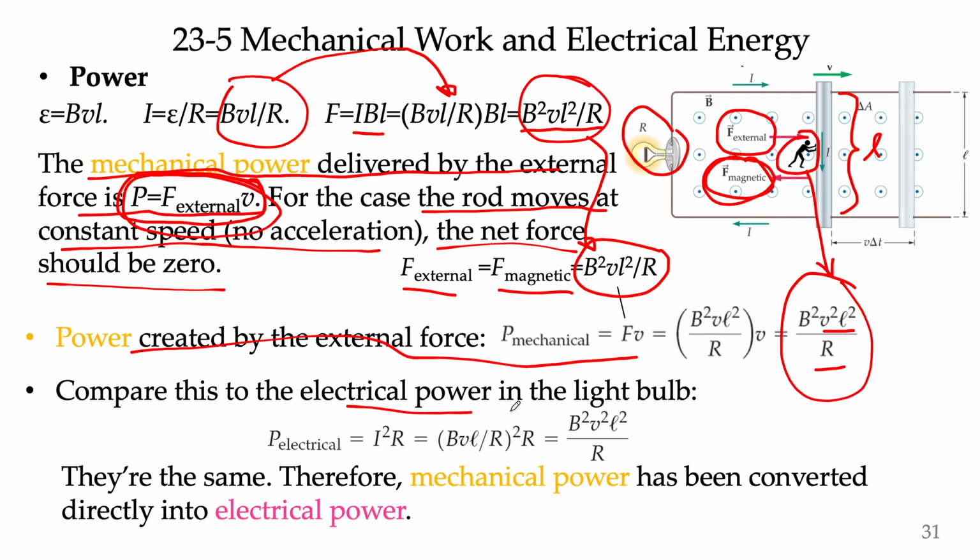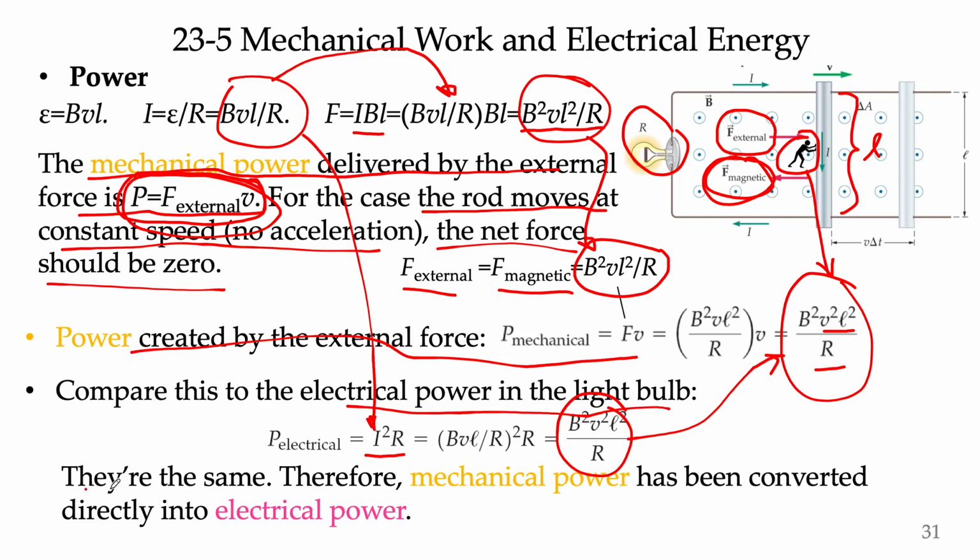The electrical power in the light bulb you can calculate by I squared times R. Let's find the current again: the current in the wire is this one. Take the square and multiply it by R, the resistance of this light bulb. If you do the multiplication, you find the same answer just like here.